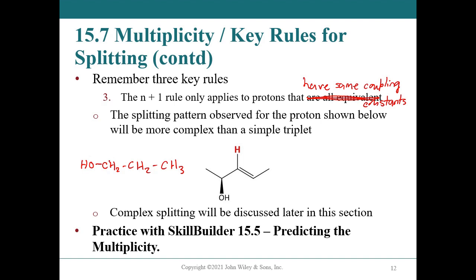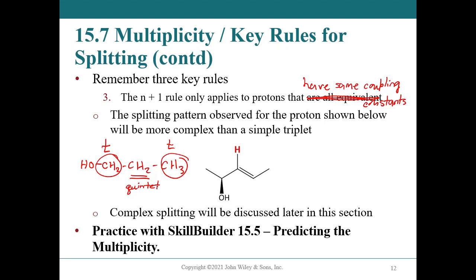This CH2 here has 2 neighbors, so this is going to be a triplet. Likewise, our methyl out here, it's next to a CH2, so this is going to be a triplet. This one has 2 neighbors on one side, 3 neighbors on the other, so it's going to be a quintet. It will be split into 5.